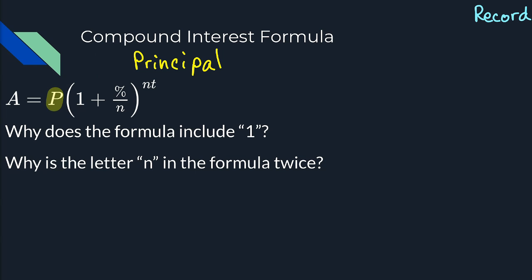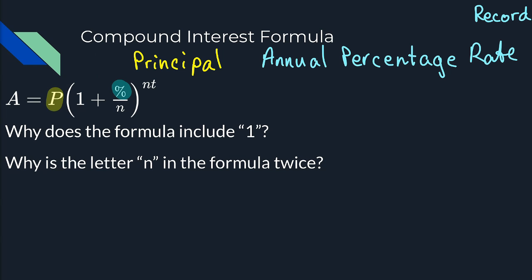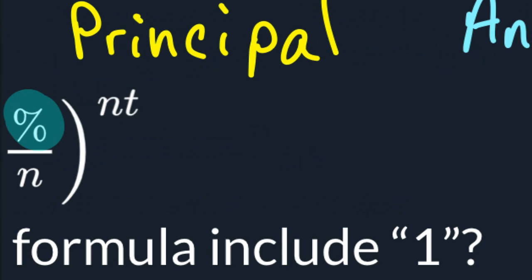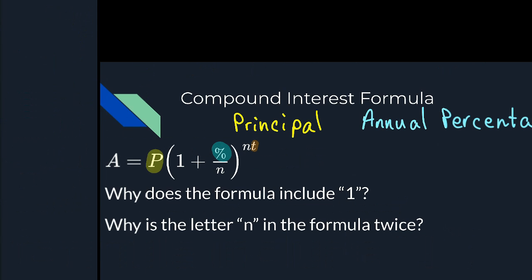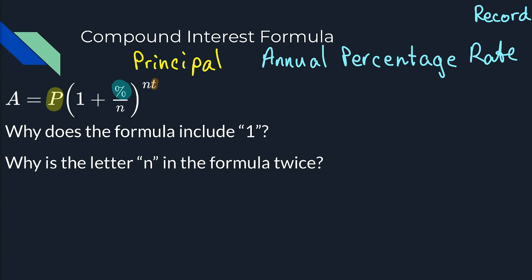So we'll put this as the annual percentage rate. And so the question then, T is time, that's the number of years. So let me do that. T, that is the number of years.